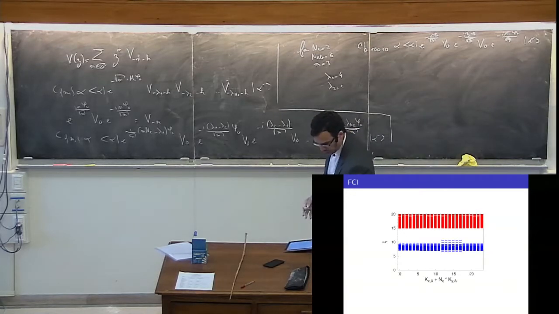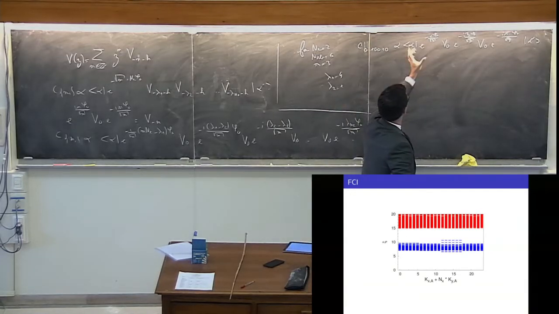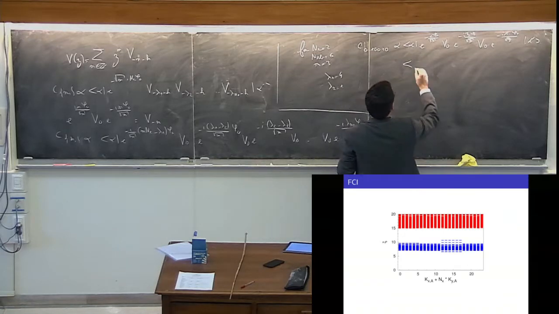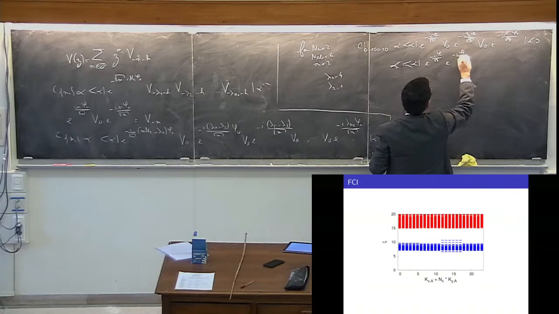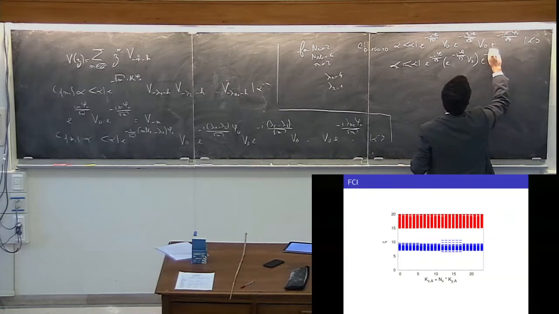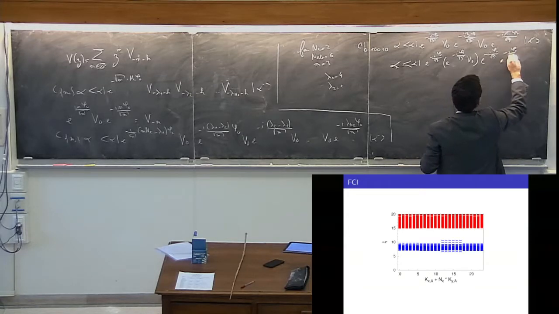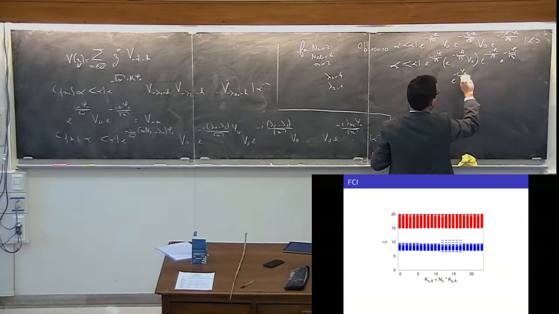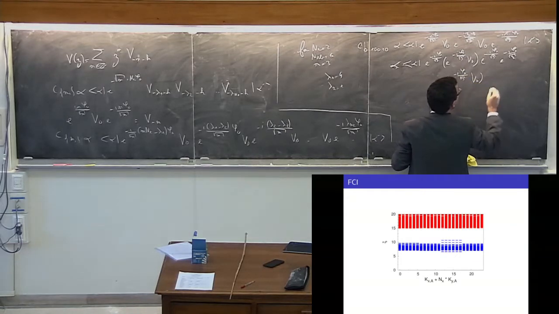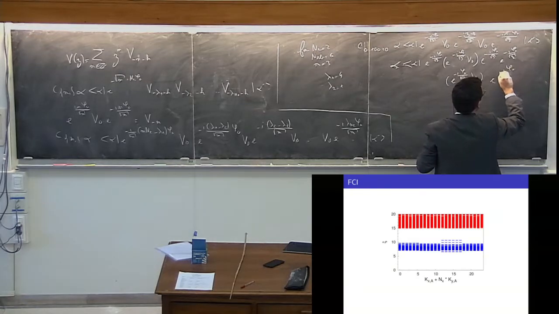Or if you prefer, you can split each of the phi 0 terms and get alpha, exponential I phi 0 square root of 3, exponential I phi 0 square root of 3, V0, and exponential I phi 0 square root of 3.